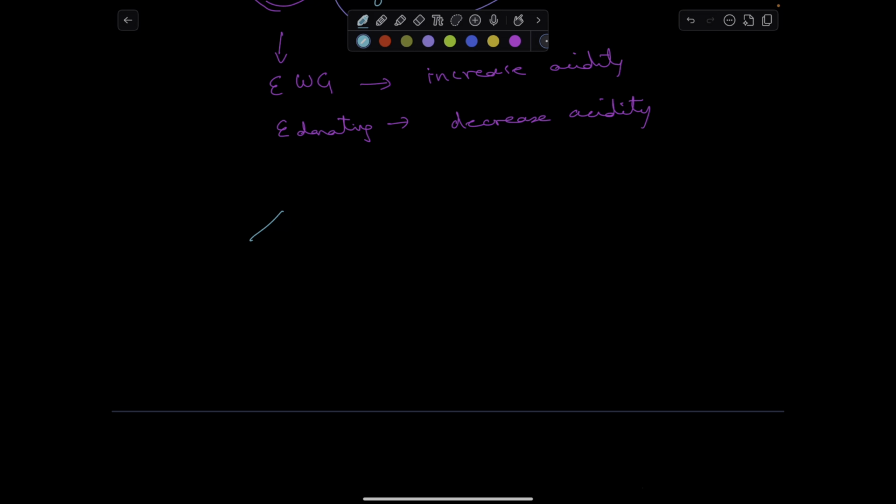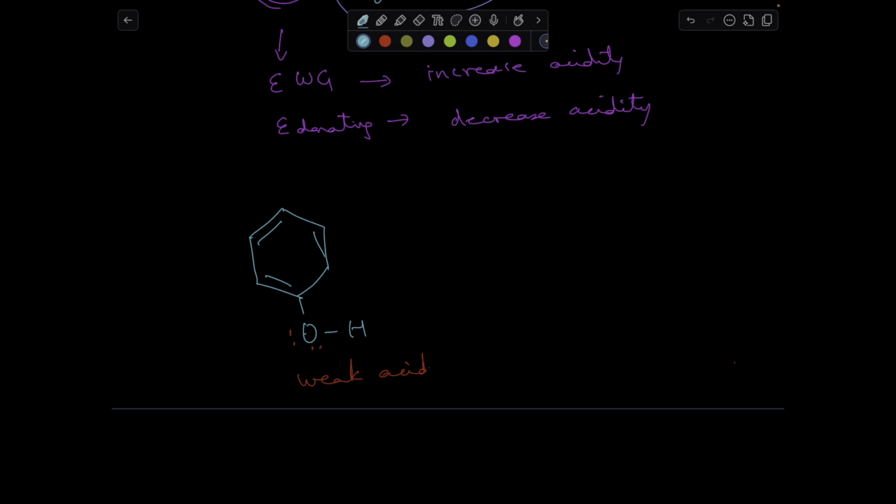Consider phenol. We said that phenol is a weak acid. We can increase the acidity of phenol by adding electron withdrawing groups like the nitro group in the ortho or para position.